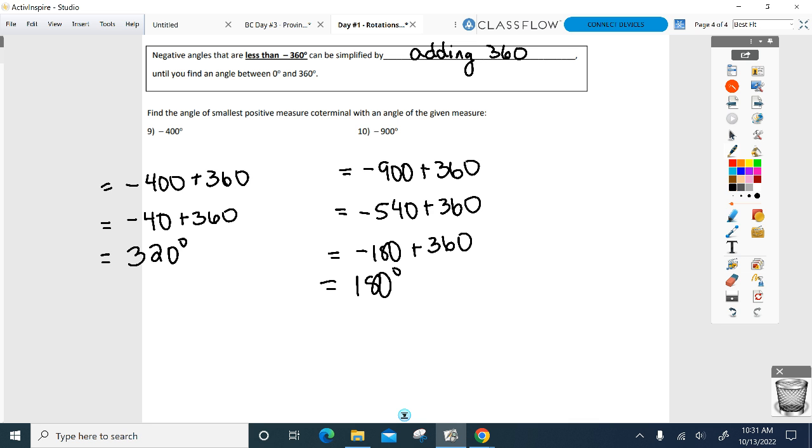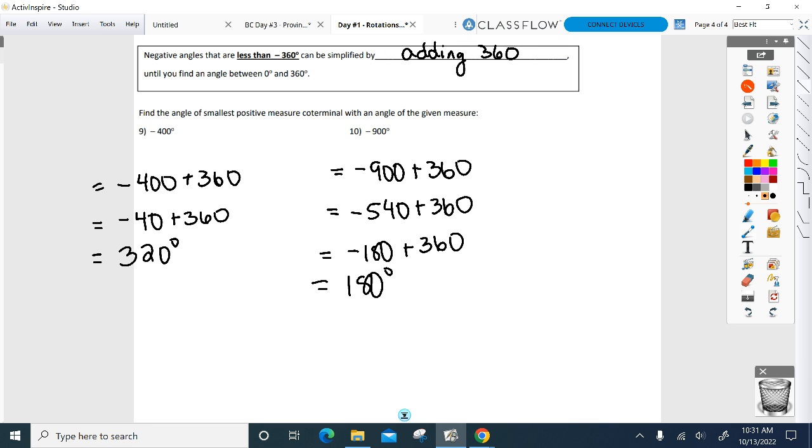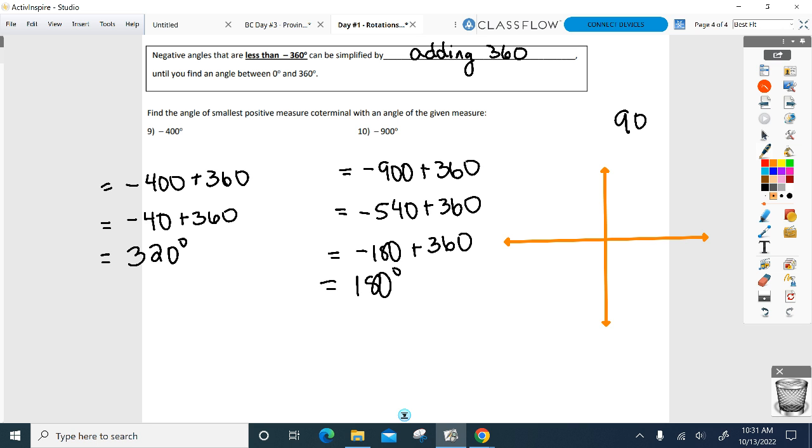Last thing, and I know it's not in your packet, I'll let you go after I'm done talking. 90 degrees, and you get asked what quadrant it is in. I would never ask that. It's not in a quadrant. Anytime it falls on the line, ready to impress your friends later today?